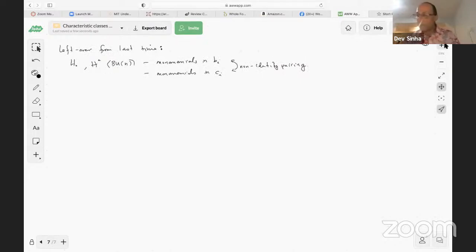And so what I wanted to then say, this is something that I wish I understood better, but it just hasn't come up in my research. One also gets a basis in homology of fundamental classes, images of Schubert varieties.